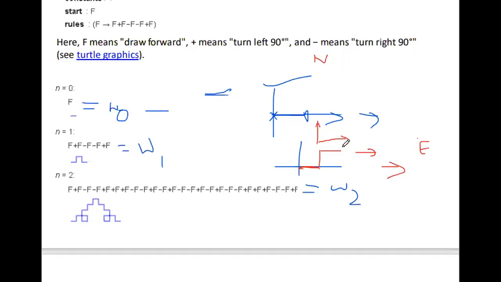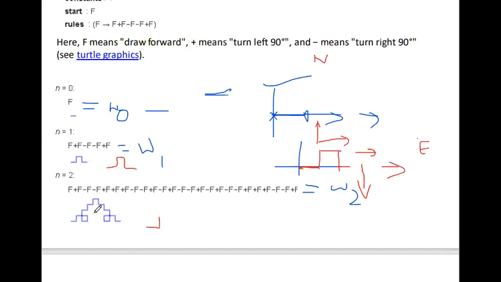Now he is turning right by 90 degrees, facing this direction, but he is at this location. Draw forward by 1 centimeter, and again turn left, and that's why you get this. Like that, you can visualize these words.